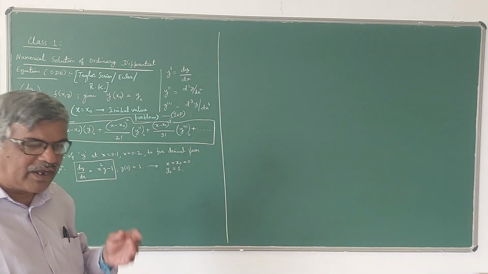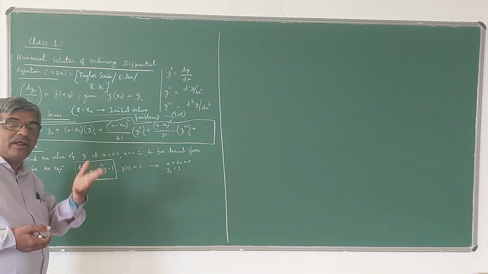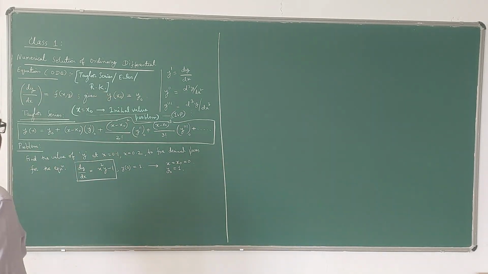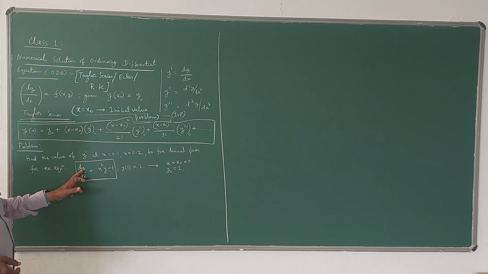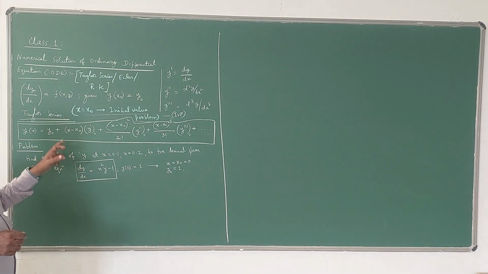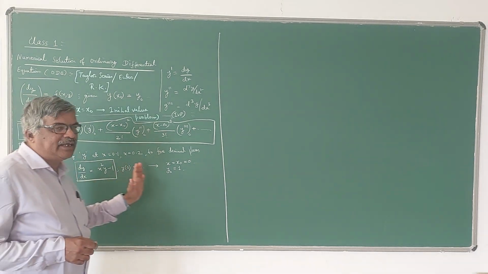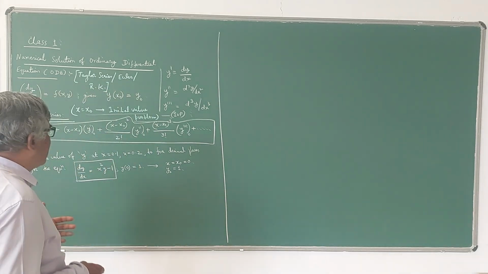If the values of y are given at some other values of x, then it is called a boundary value problem. Now we will discuss only initial value problems. Now we have to find this y by using Taylor series. For that we have to get the values of the derivatives at the initial value of x.